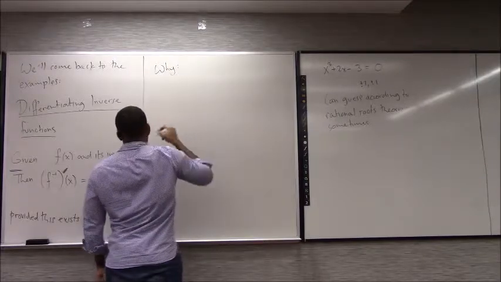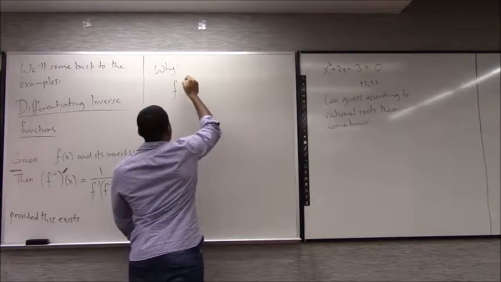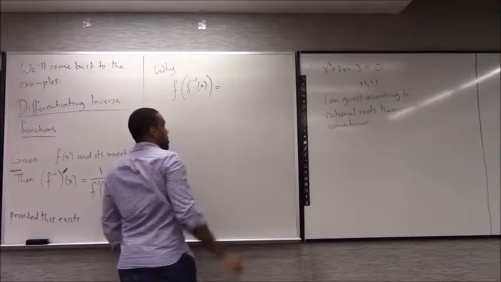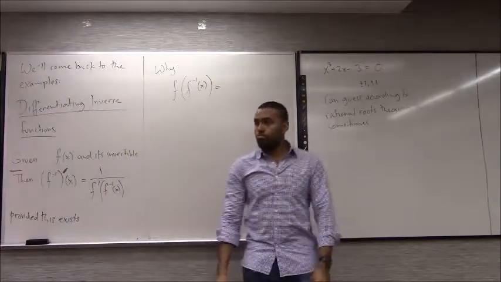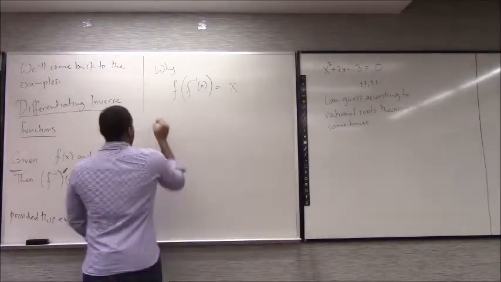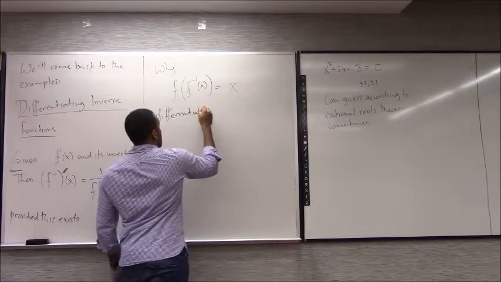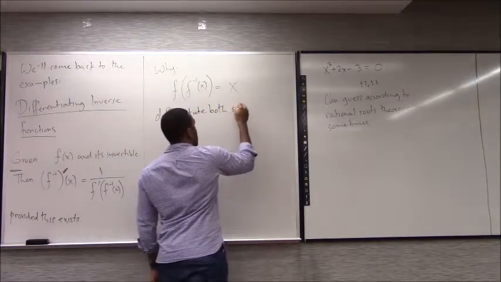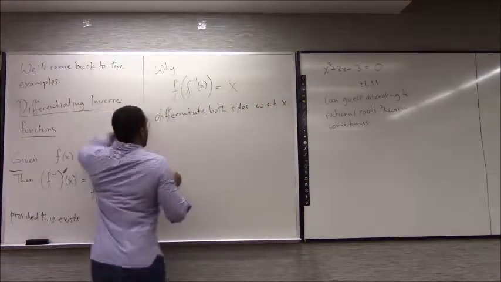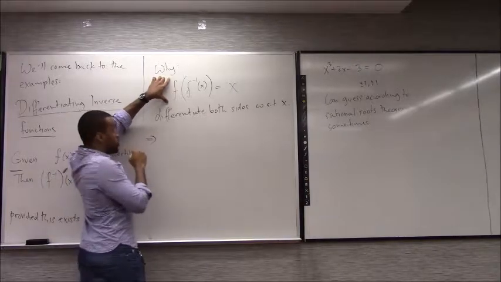Well, the answer is the following. Let's say I have f of f inverse of x. What is that equal to? It's equal to x. Now if you differentiate both sides with respect to x, on this side, how do you differentiate something like this? Chain rule.